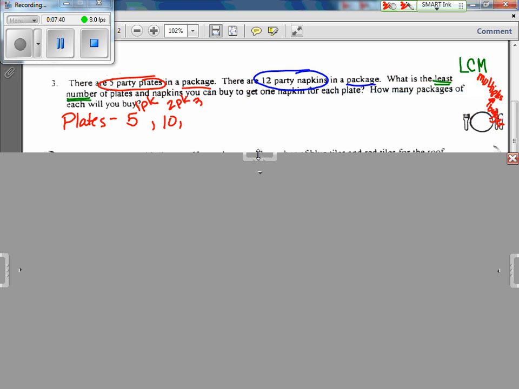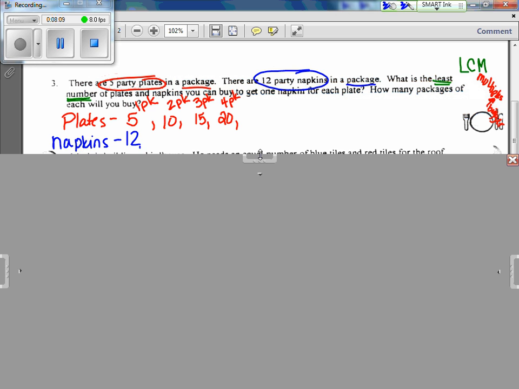If I buy 3 packages, I'm going to have 15 plates. 4 packages, I'm going to have 20 plates, and so forth. For my napkins, those don't come in packages of 5. They come in packages of 12, but I need the same number of plates as napkins. So I'm trying to figure out how many I need to buy for that to happen.